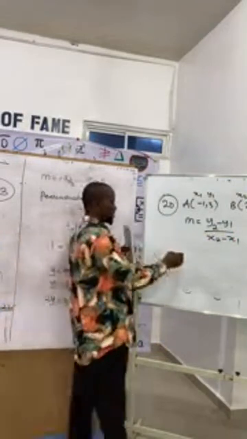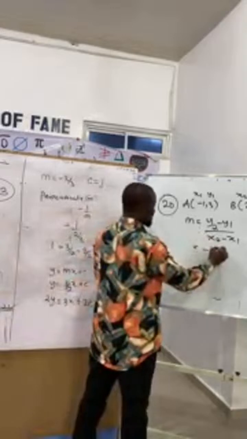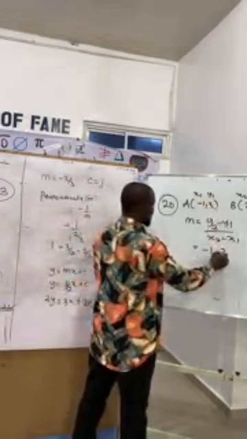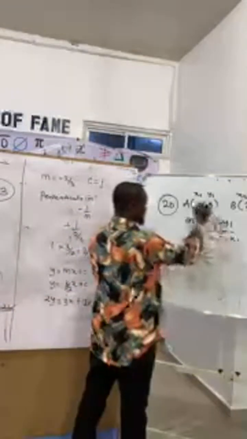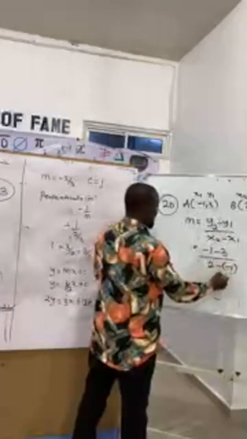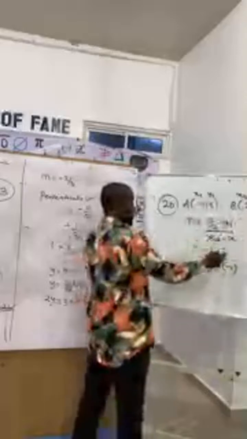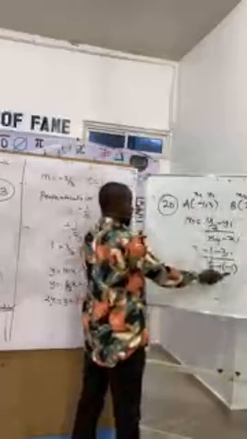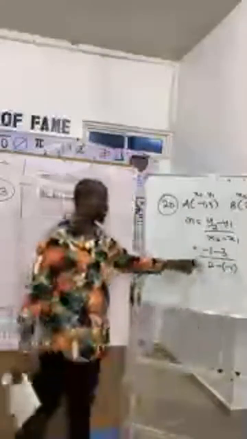So you can solve this for me, it's easy. y2 is minus 1, minus y1, which is 3, divided by x2 minus x1. x2 is 2, minus the minus 1 of x1. Remember when I started to show you all these signs, you know I'm going to be using them all the time.